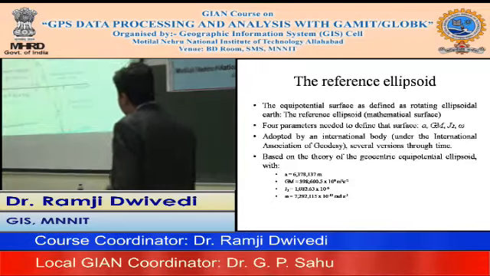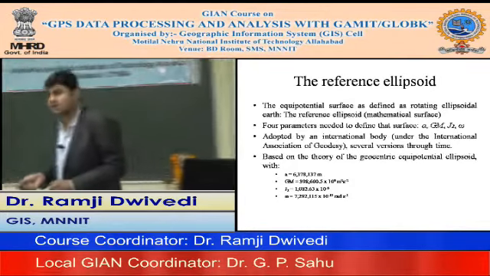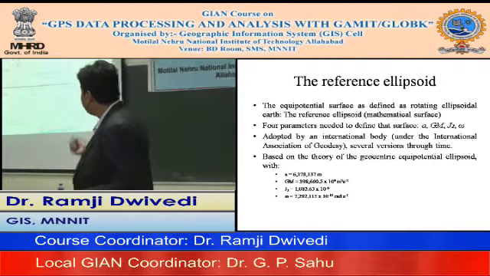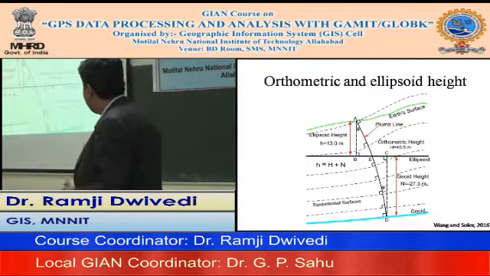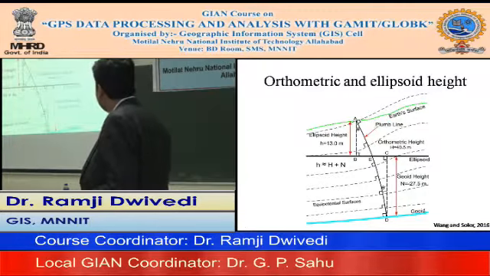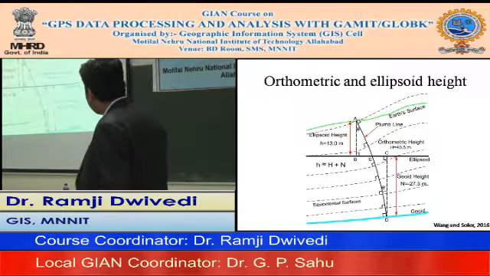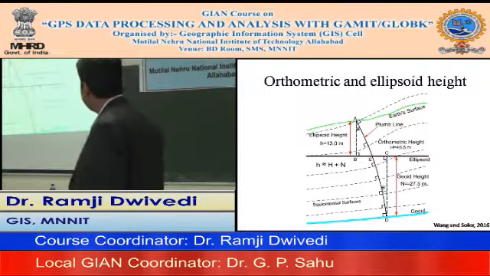I think the reference doesn't come up. It's a Wang and Solar paper in 2016, published in ASC. It's a very nice figure which relates the orthometric height with respect to the ellipsoidal height by this geoidal undulation. So we have two datums, one called the ellipsoid, another the equipotential surface, and these are the ellipsoidal height and the height with respect to the geoid. The figure doesn't come up completely.